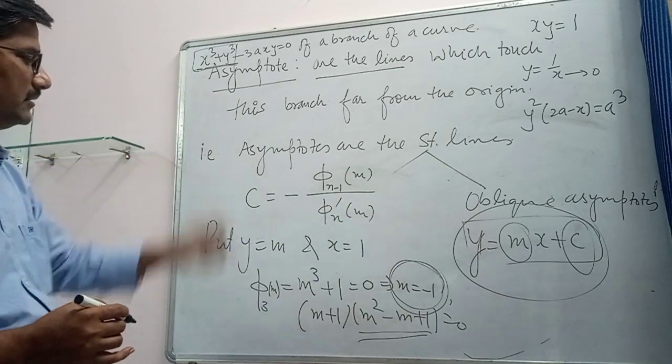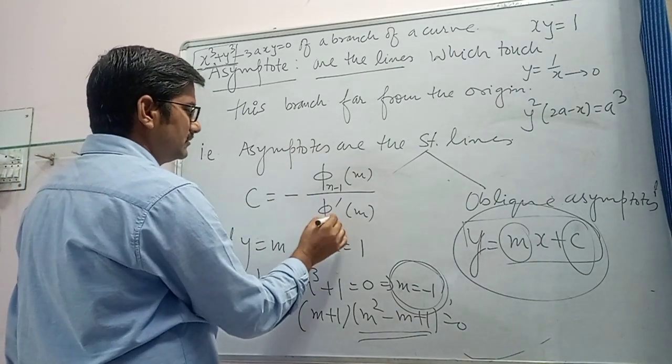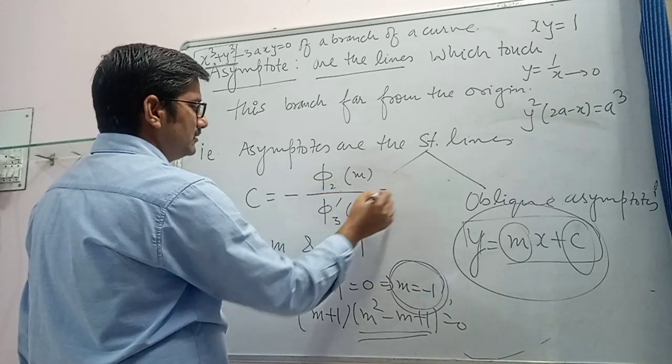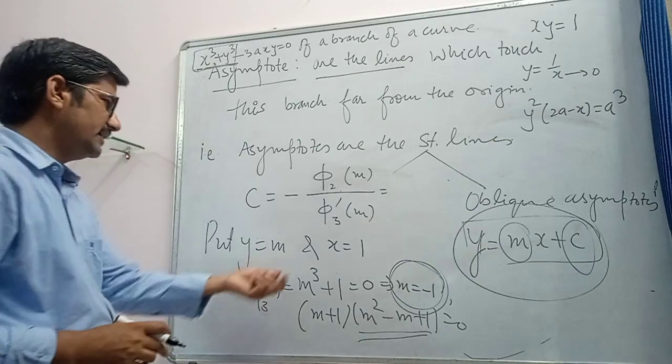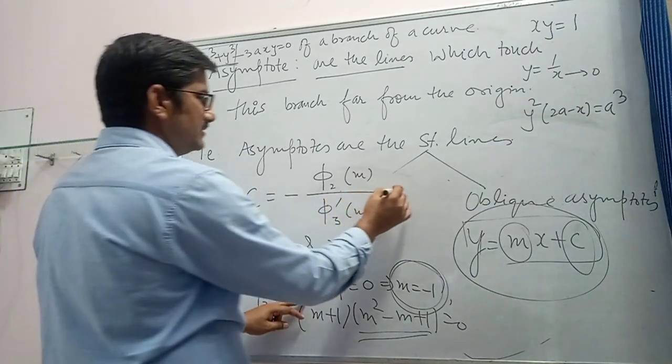In this example n is 3, so you will put here 3 and here 2. Phi 3 dash of m means the derivative of phi 3 of m with respect to m, so its derivative is 3m square.